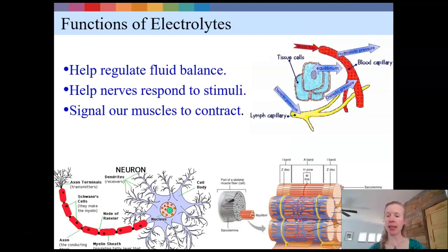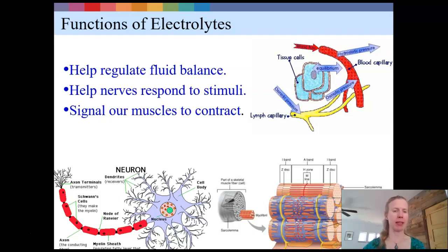Now, the electrolyte side of things, when we think about their function, a lot of times we think about, okay, yeah, that's right. When we send an action potential, we needed sodium, we needed potassium. And so we think about things like the nervous system or how the muscles work. Remember the sarcoplasmic reticulum in the muscle storing all that calcium that was necessary for muscle contraction, right?